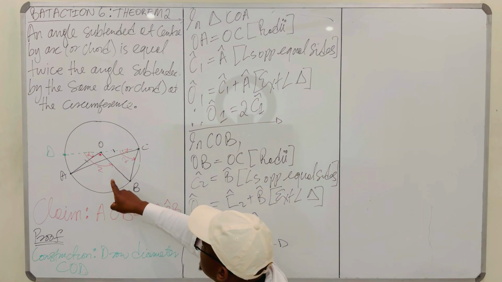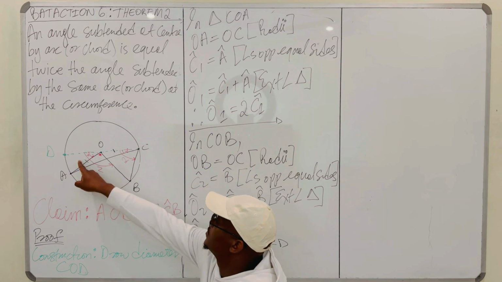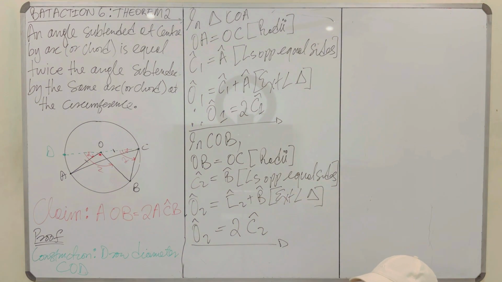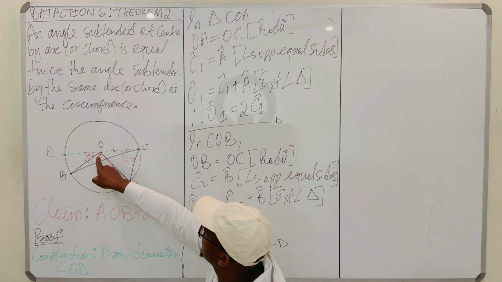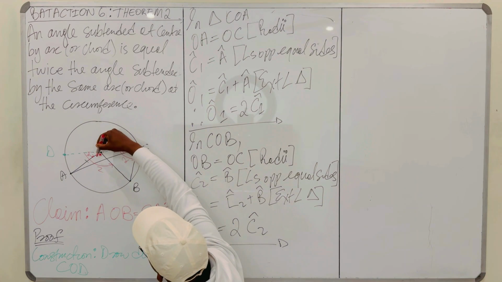How can we express angle AOB? We want to write this part here, AOB, in terms of O1 and O2.